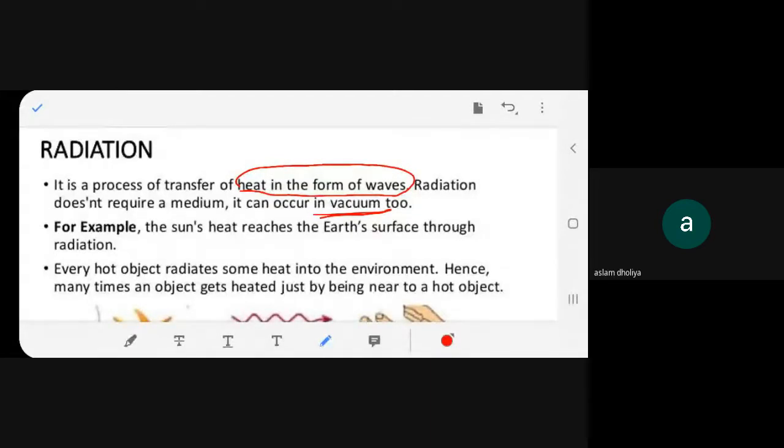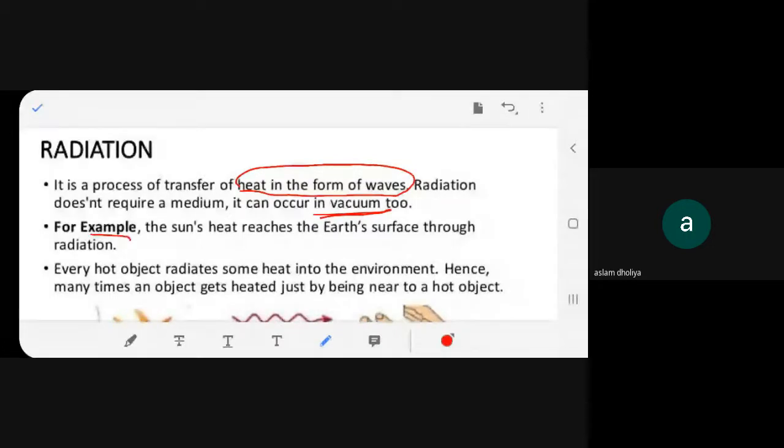So what is vacuum? Vacuum is a condition when there is no air. In vacuum also radiations reach. Example, the sun's ray reaches the earth's surface by what?